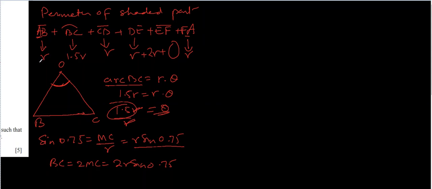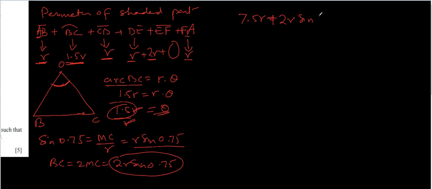So let me first see what we already have. R, 2R, 3R, 5R, 6R, and 1.5 more, 7.5R we already have. And we just got BC, remaining part BC equal to this. So we'll write plus 2R sine 0.75.